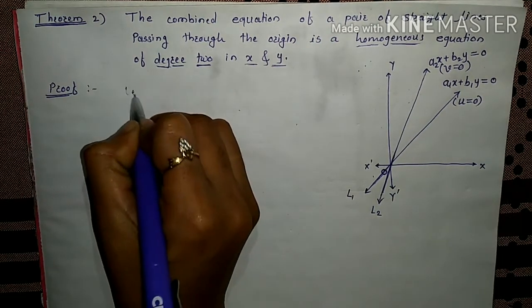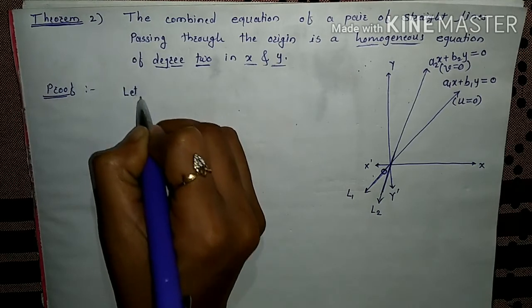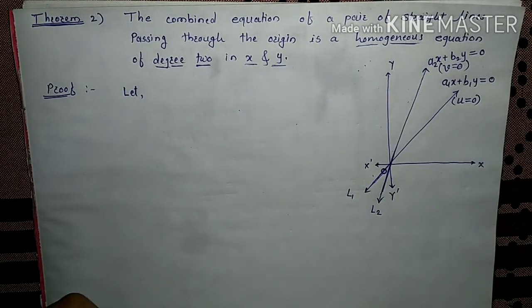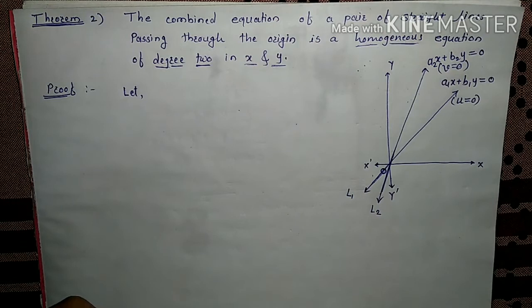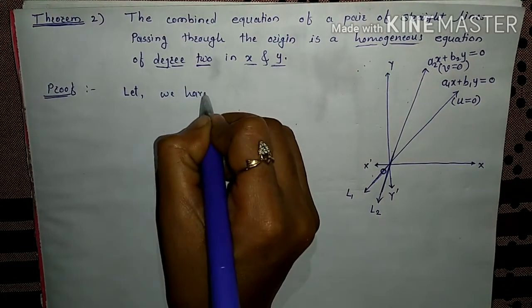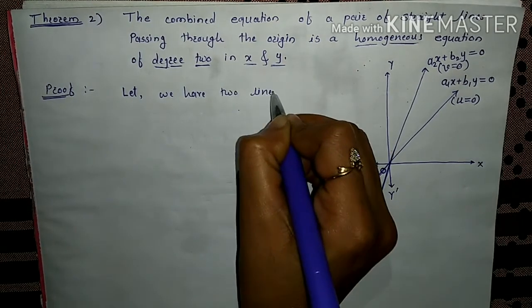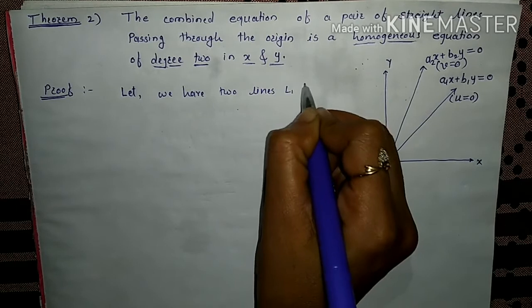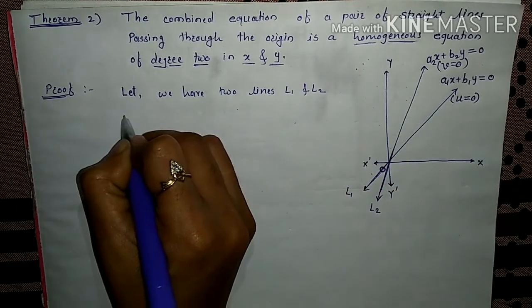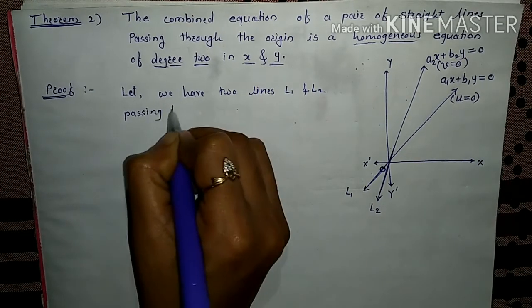Presentation is also very important. So let we have two lines L1 and L2 passing through origin.